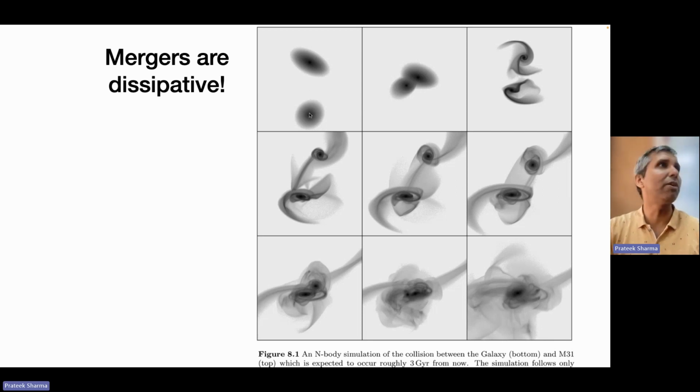But they are not point masses; they are distributions of stars. So if we move in time, this is how it looks. These guys come close, this is the closest approach, and then they move farther away from each other. And you see these very long structures. These are called tidal tails.